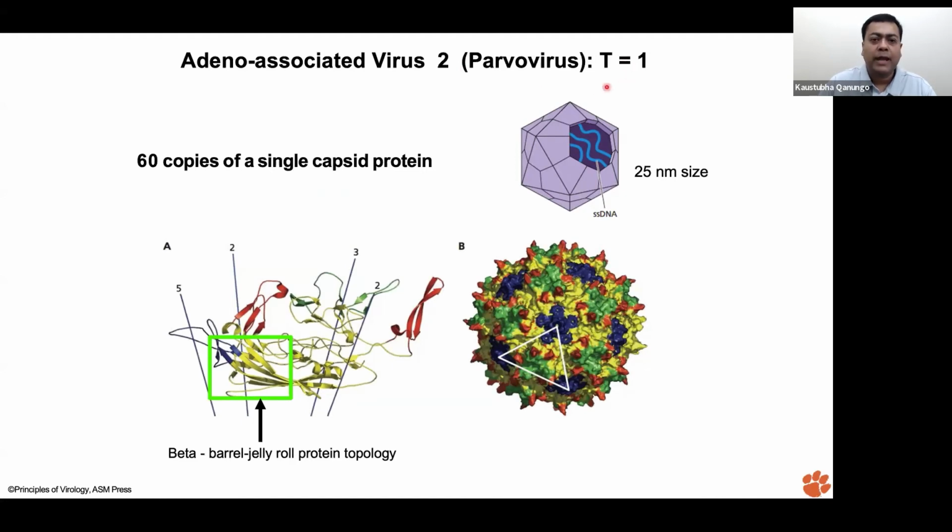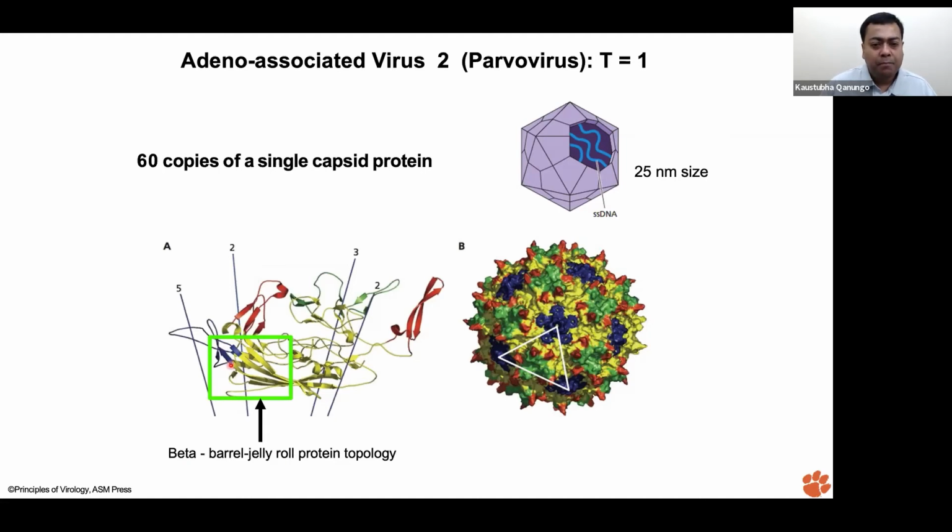And again, we will explain. This is made up of 60 copies of a single protein, as we said. It is very difficult to understand from here, but in different areas, if you see from the top, this is the 5-fold axis, these are the 2-fold axes, and this is the 3-fold axis. These bonding patterns actually have a particular topology, known as a beta barrel jelly roll topology.